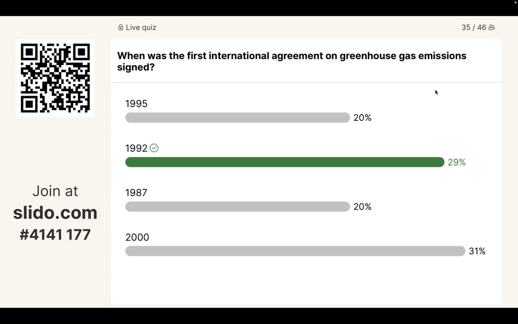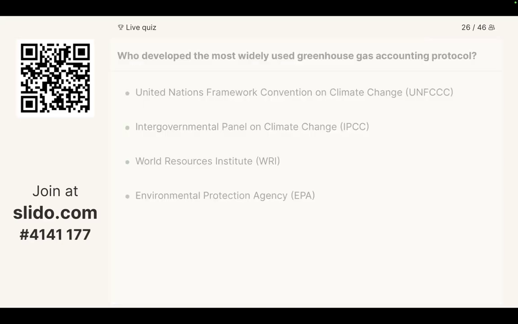But actually, an agreement on greenhouse gas emission was signed much before that. Why? Because the Kyoto Protocol was agreed in Kyoto in 1995, came into force in 1997, and in 2005 it was totally implemented, right? Of course, later on nobody agreed and started considering carbon trading, which was first announced in the Kyoto Protocol. That's a different discussion. But the point here is 1992 was the year when the first international agreement was signed.